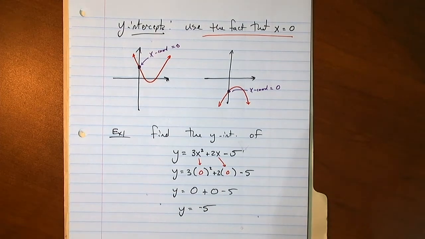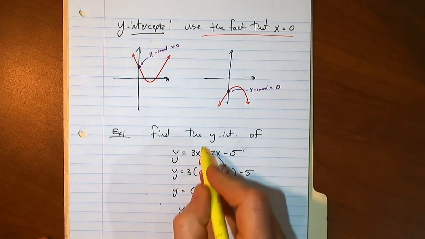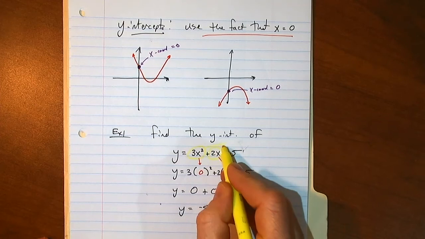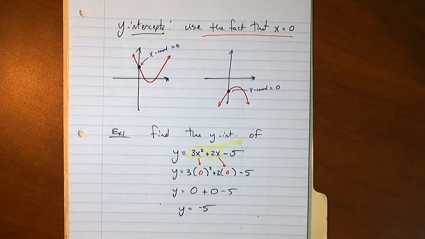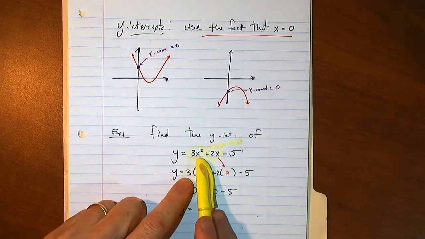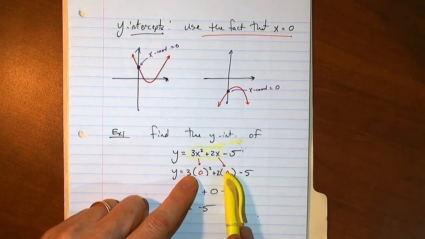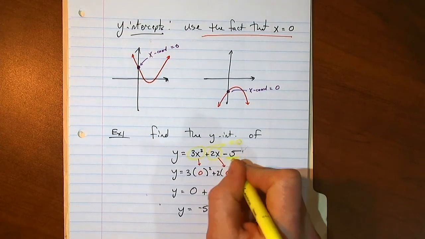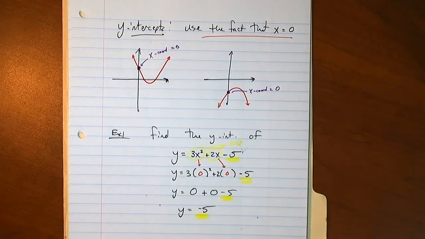But some students recognize if I'm plugging in 0 for x, this whole thing and this whole thing are always going to equal 0. They're always just going to simply turn into a 0, because when you plug in 0 for x, 0 times any number always equals 0, and 0 plus 0 always equals 0. So you're going to be left with just this piece at the end.